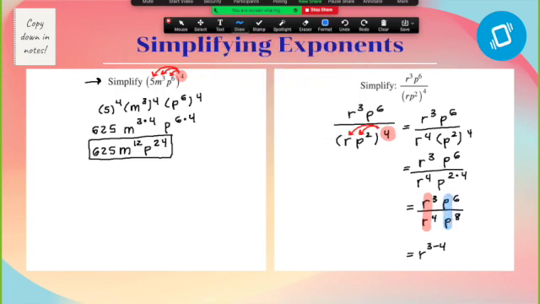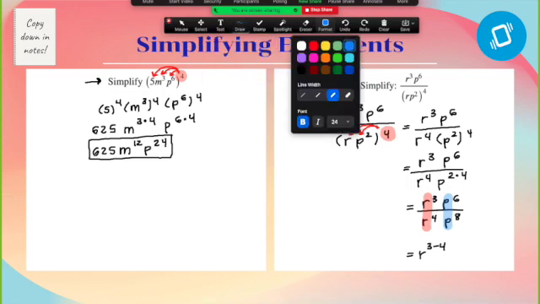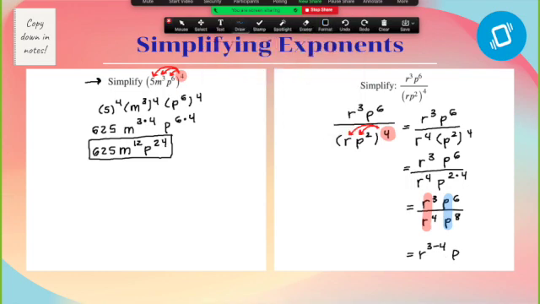So we have p to the power of 6 dividing with p to the power of 8, which means we're going to get p to the power of 6 subtracting 8. And so from there, that equals r to the power of negative 1 and p to the power of negative 2. Because they're negative exponents, we have to make sure to change them into positive ones.